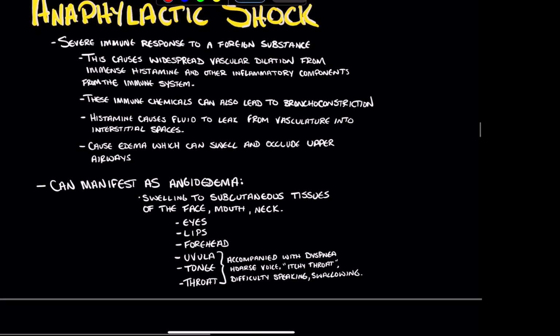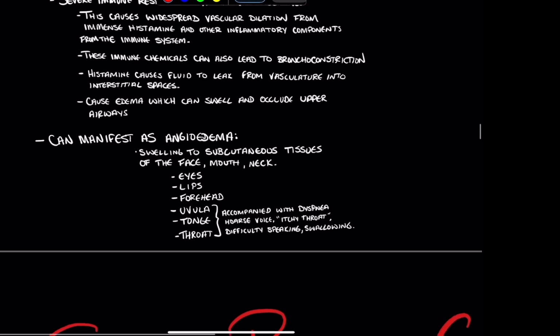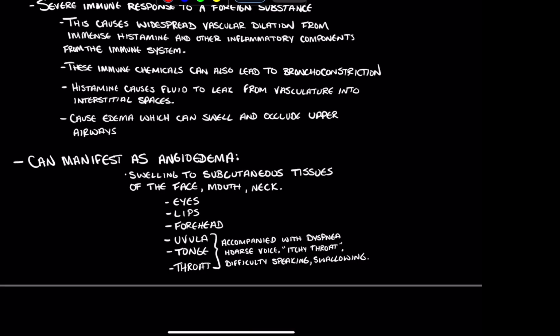One important thing to look for that's unique to anaphylaxis is what's called angioedema. So angio is face or front of the head, and edema is swelling, right? So we're looking for swelling of subcutaneous tissues of the face, mouth, and or neck. These will include the eyes, lips, forehead, and then it can also get into the uvula and tongue.